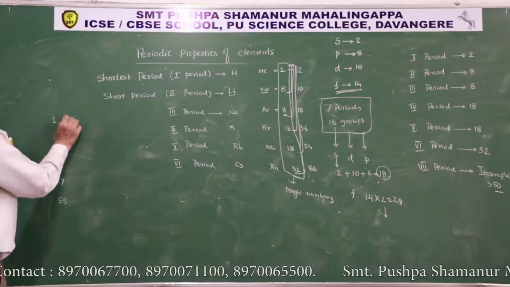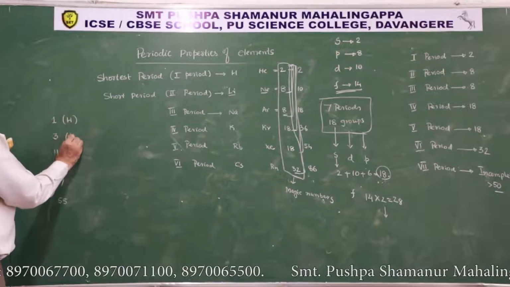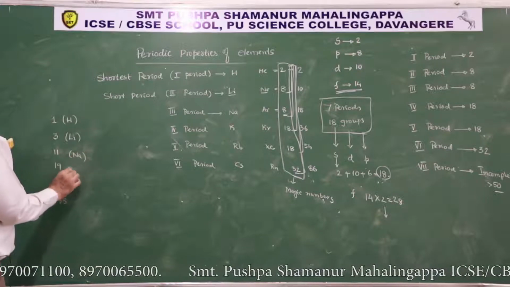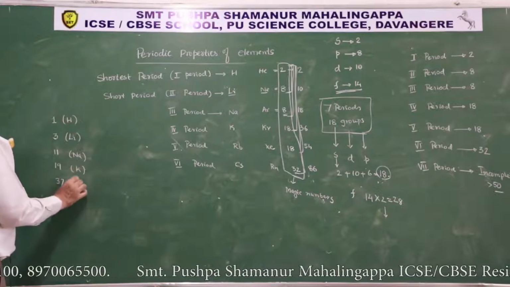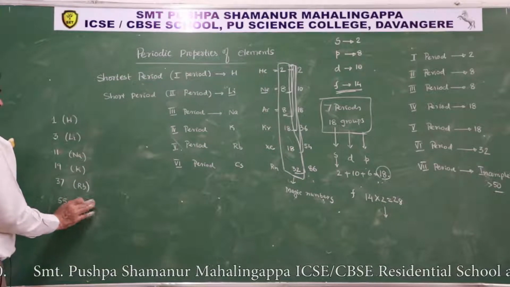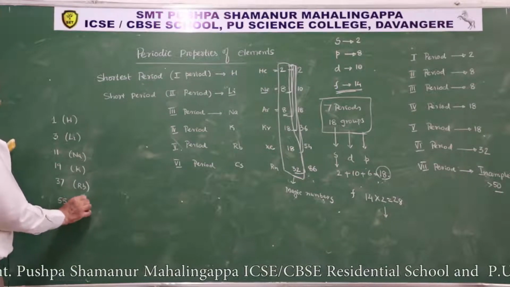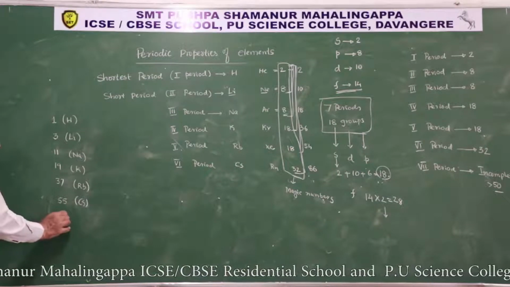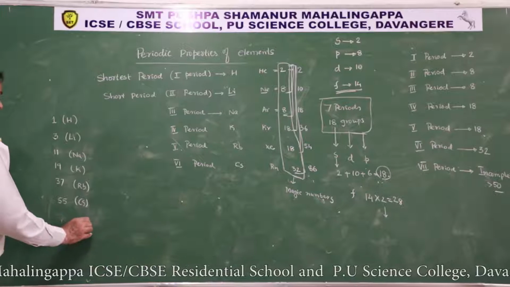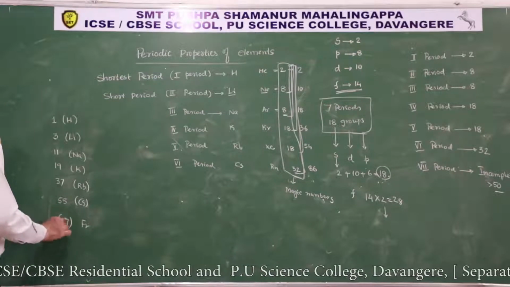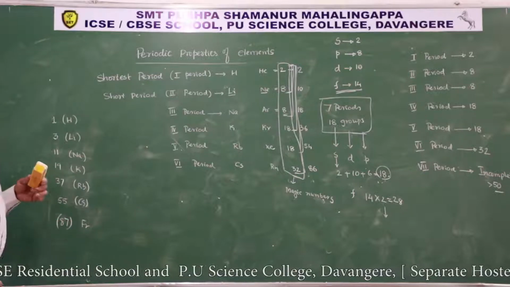Therefore, this corresponds to hydrogen, this to lithium, this to sodium, this to potassium, this to rubidium, this to cesium. Now the last one is francium. Add the next magic number, that is found to be 87, which corresponds to francium.